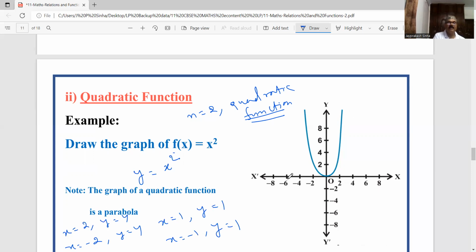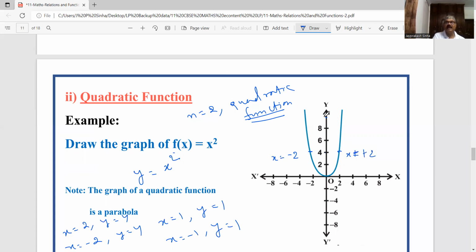It means for a single y, there are two values of x. See here, if it is 4, then x can be minus 2. Here the x will be minus 2, and here the x will be plus 2 also. Correct?